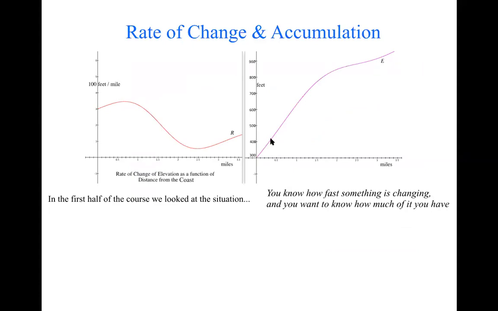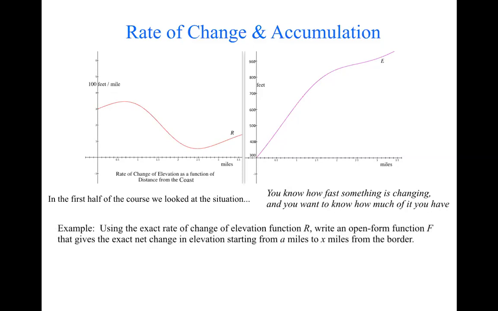But that was useful if we need to make estimations or do something manually and we don't have an actual function rule. If we do have a function rule, as opposed to just having a graph, then we can do something else instead. We can get an exact accumulation function from an exact rate of change function rule.